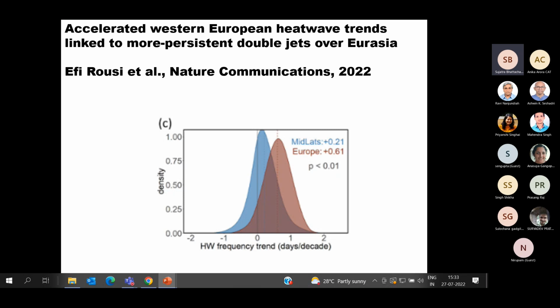It's easily available. They are arguing that Europe has more double jets than North America, and hence more heat waves. This is what they say is a new trend. It's a very interesting paper, and I'm curious to know whether this double jet, this is for Venu, has impact on the connection between mid-latitude and India. That's a question we have to ask, right?